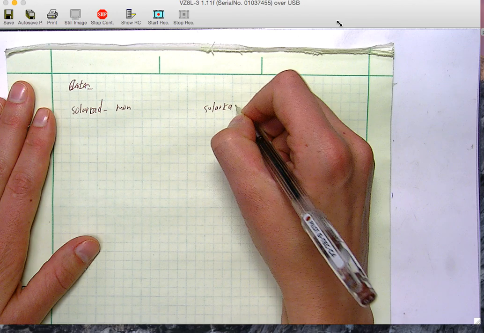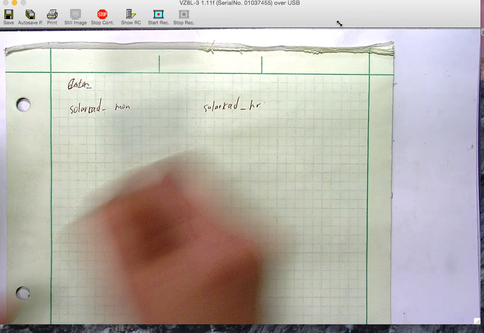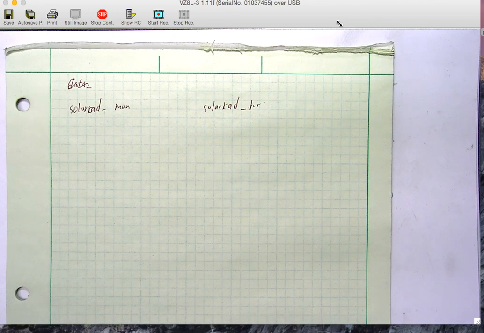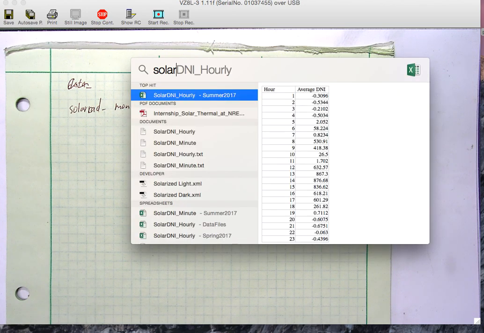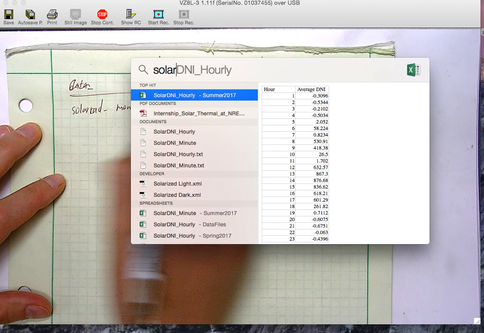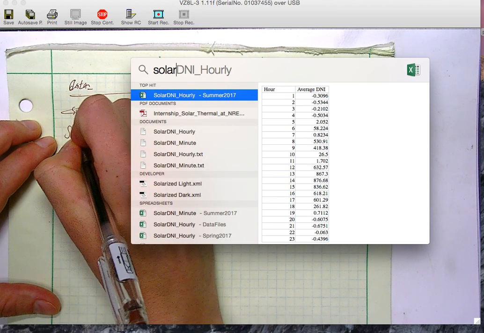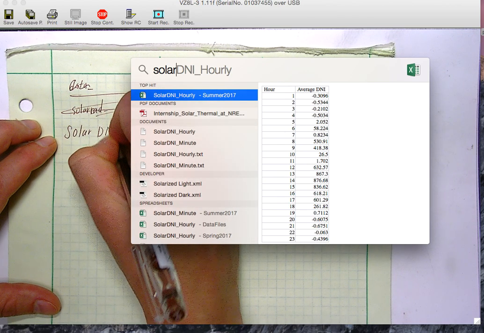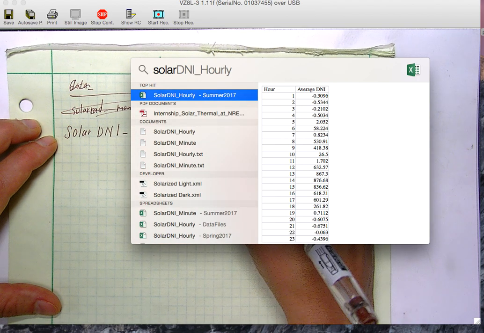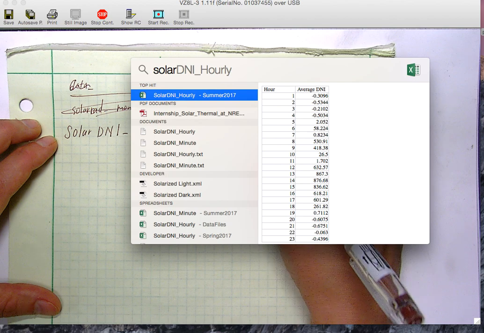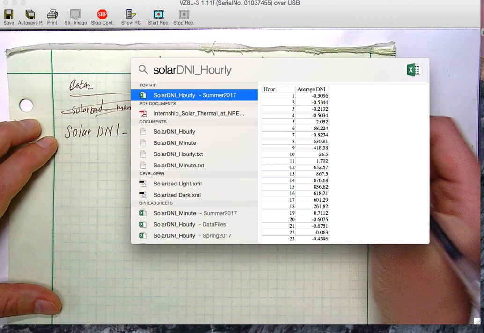Solar DNI. So there's minute and solar. DNI is just the unit for the reading.